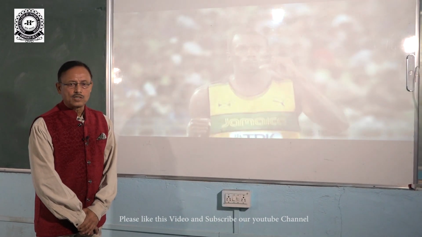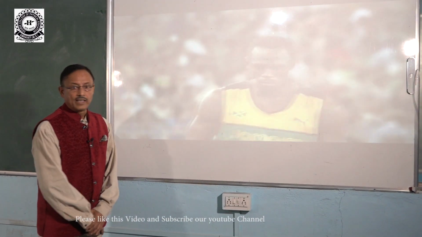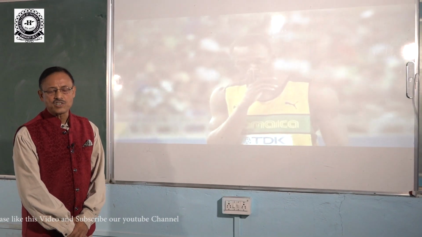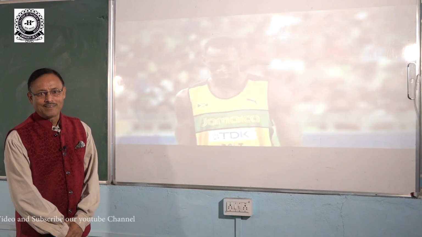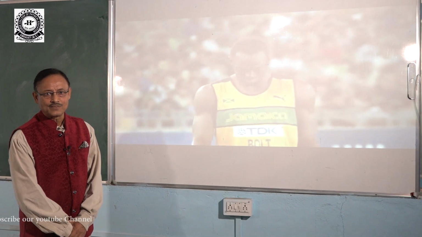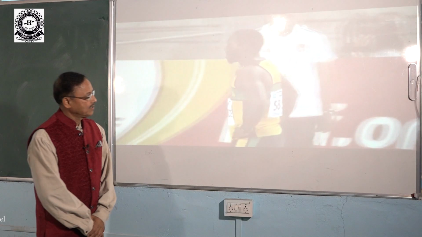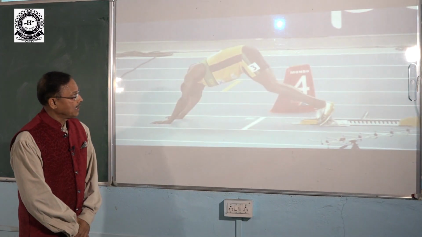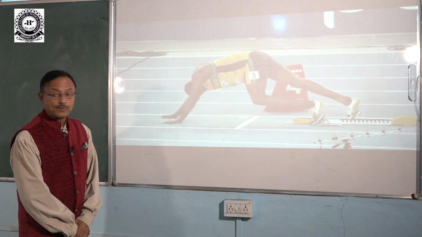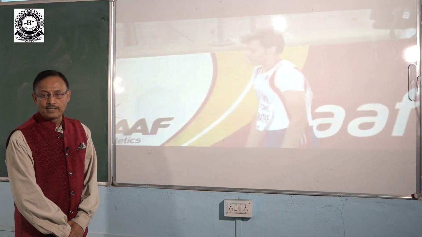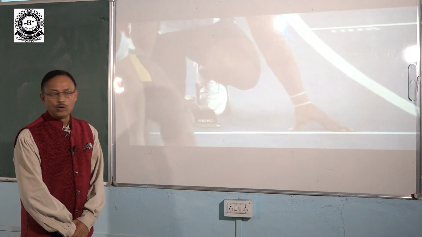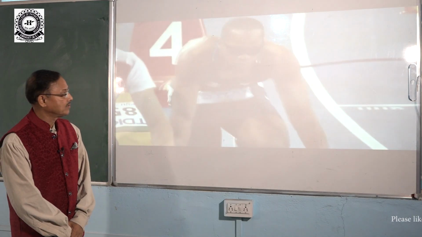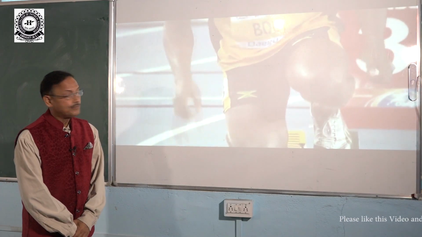My focus of attention is running the curve in relation to the degrees of angles of a curve of the track. Please, now you can have a look over here. This is a 1 minute video clip of international athlete Usain Bolt running 200 meters on a running curve.